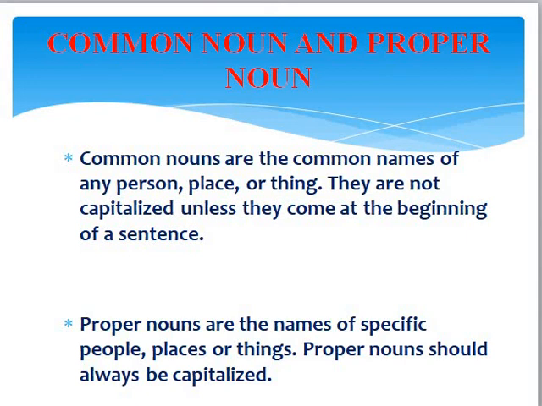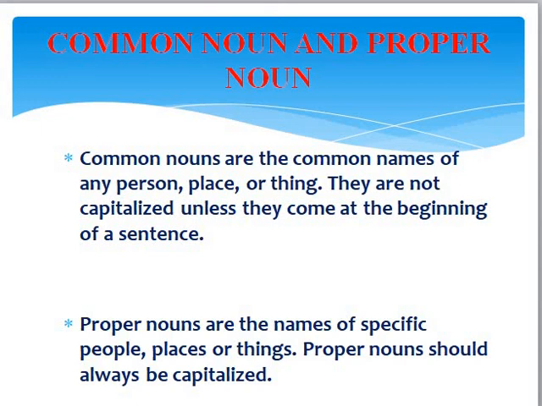And we know the reason is because as per the rules of punctuation, we always start a sentence with a capital letter. So a common noun is never written with a capital letter unless it comes at the starting of a sentence.